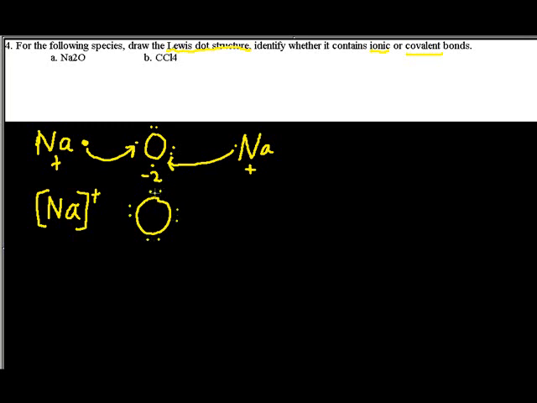It has 8 electrons going around the outside, and it exists as an ion, so Lewis dot structure says we need to bracket it. That's a -2. And then the sodium will appear just like its partner over there.